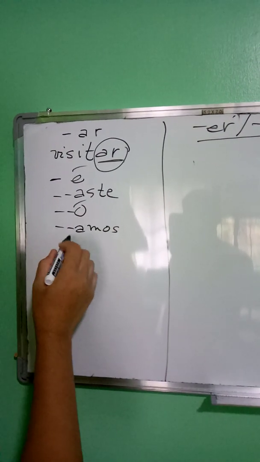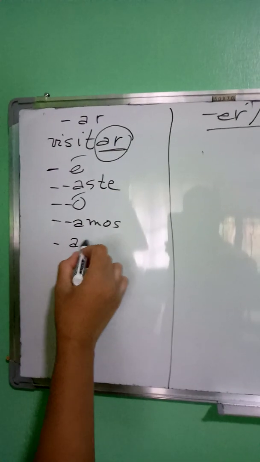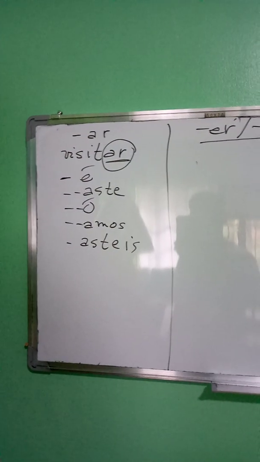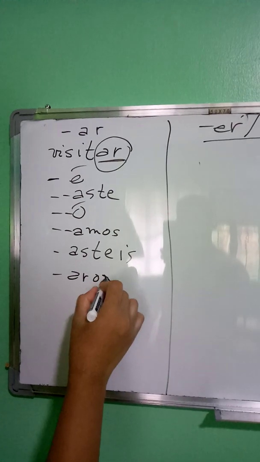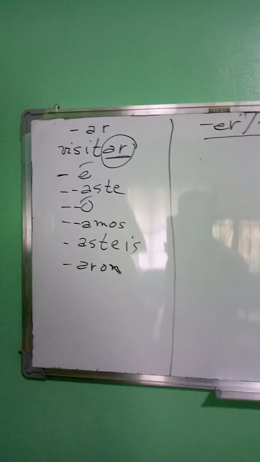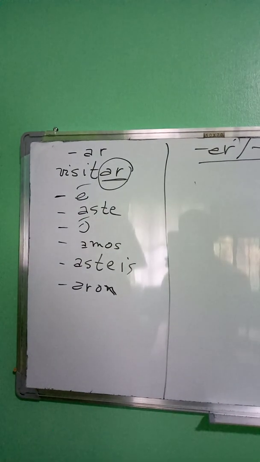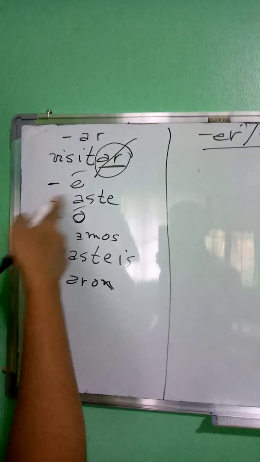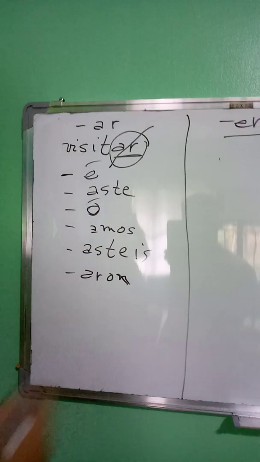Visitamos. And then you take this, astes, and then aron. Aron. Okay? So this is how you do it. I will remove this so that you will not be confused. So these are the endings that you put. You drop this, and then you put é, aste, ó, amos, astes, aron.